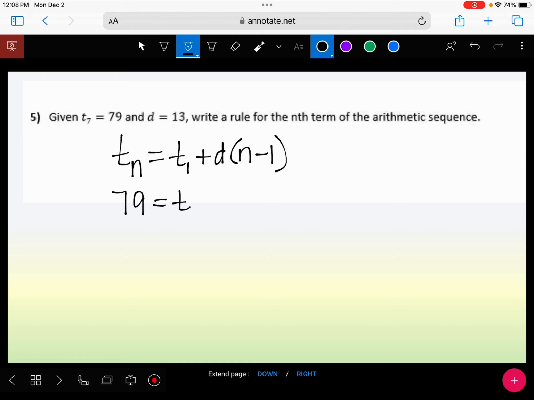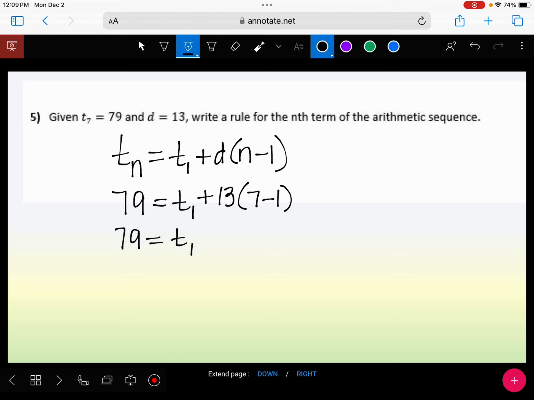I think that's essentially what we're doing, though. Well, wait, what did you multiply 13 by? 7. Well, it wouldn't be 7, though. That's the tricky part. Because what is n in this question? 7. So this is 7 minus 1. So you're going to take 13 times 6.